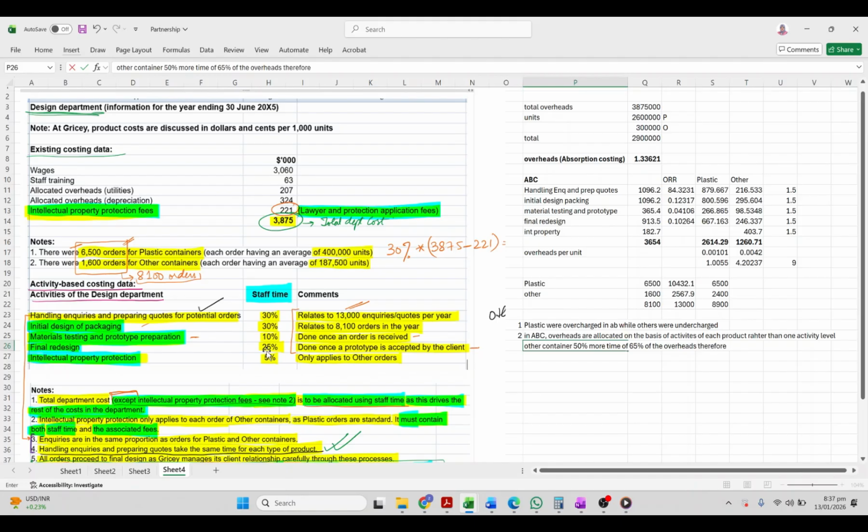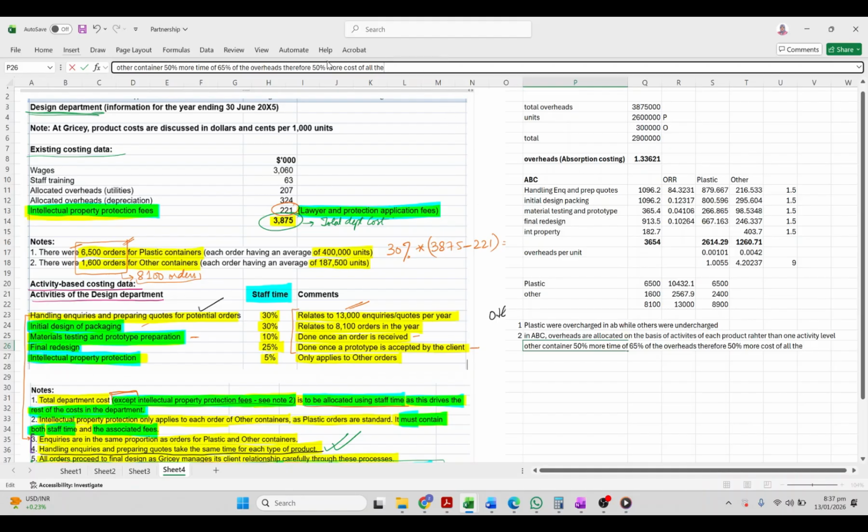Therefore, 50% more cost of all. Therefore, not 50%, don't write 50%. Therefore, high proportion of these overheads were allocated to other containers, right?